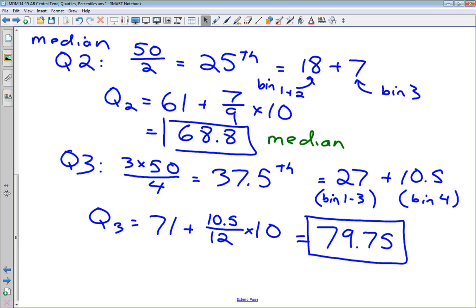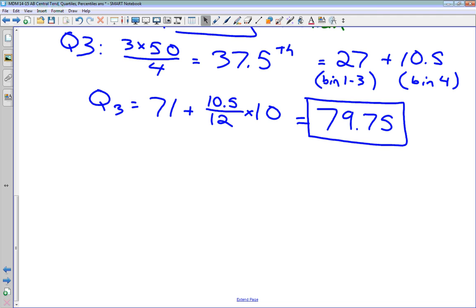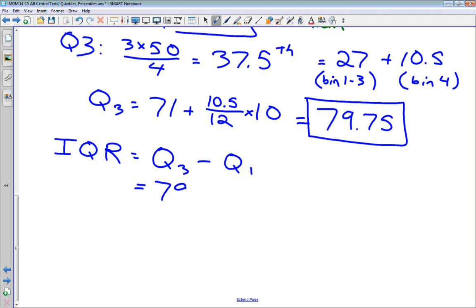And what this question was really asking us was to find the interquartile range. So interquartile range, or IQR, is just the difference between our Q3 value and our Q1 value, which is going to be 79.75 minus 56, which gets us 23.75.